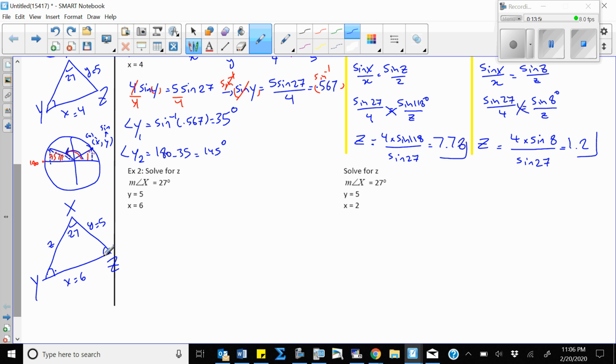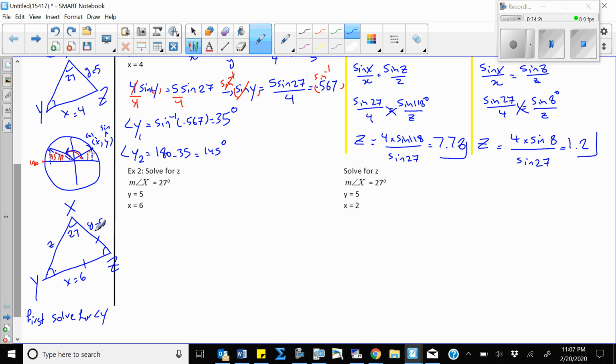I get Z, and from there I'm going to find side Z. So let's start. First, solve for angle Y. To solve for angle Y, again we are going to use law of sine, because we have a side angle case here.